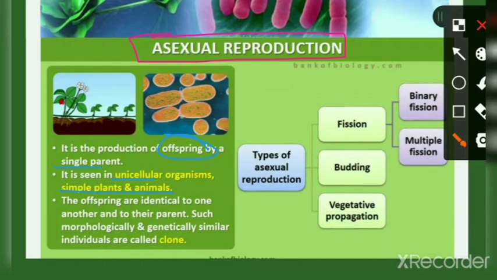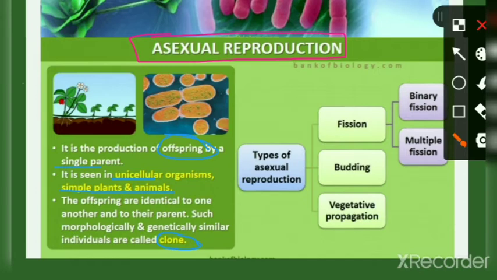The individuals or offspring formed after asexual reproduction are known as clones. Why are they known as clones? Because the cell division which takes place in asexual reproduction is mitosis, and as a result of mitosis, the same number of chromosomes transfer to the offspring.